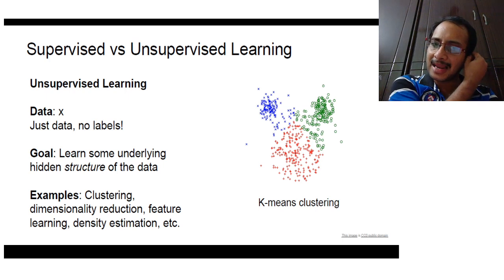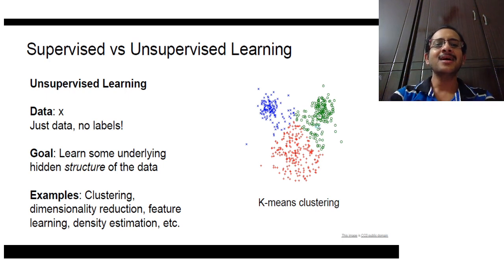For example, clustering. In clustering, we try to group the samples into different categories, and here only sample features are given to us and the labels are not given. If I give some set of data points in 2 dimensions without the colors, like red, green and blue here, then what we would like to do is group all the data points.